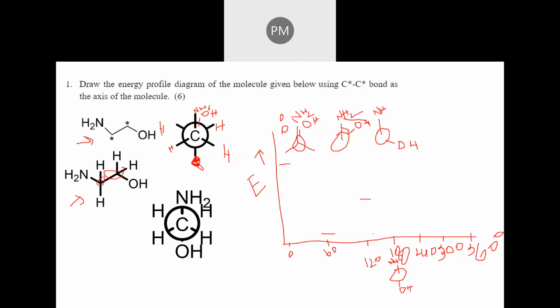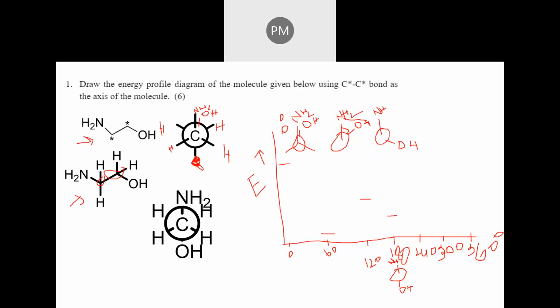This conformation is also stable, but not as stable as the gauche conformation, so this energy is somewhere higher than the gauche. The anti conformation is stable, but not as stable as the gauche conformation, because in the gauche conformation there is internal hydrogen bonding.